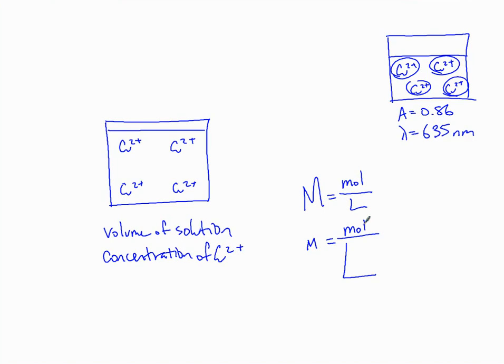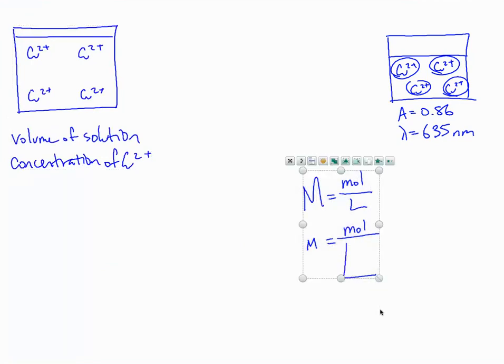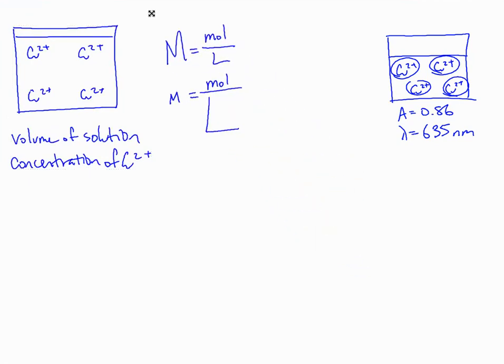If a sample of this new solution was placed in a cuvette and run through a colorimeter, what would be its expected absorbance? So here's what we had. Originally, we had a certain concentration with an absorbance of 0.86.